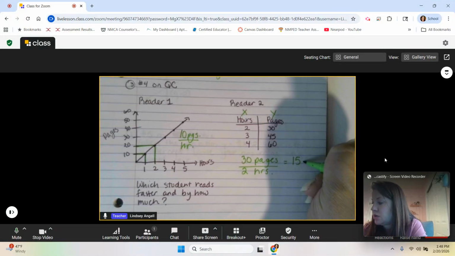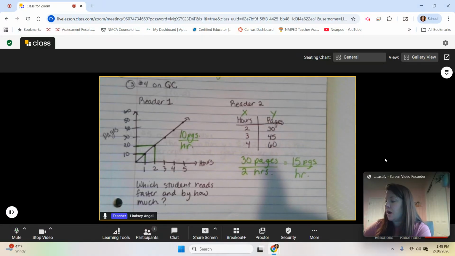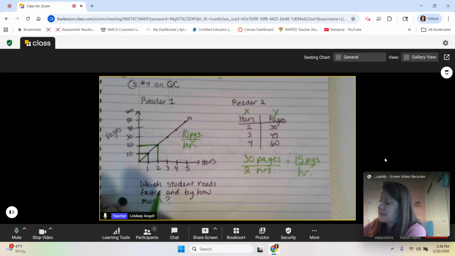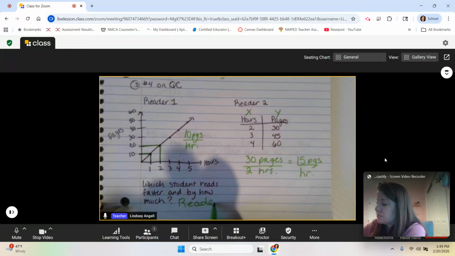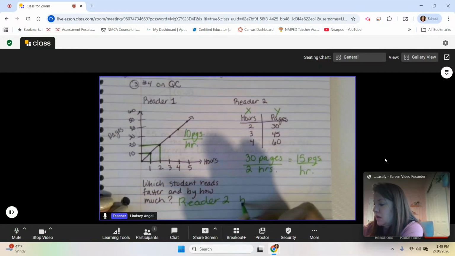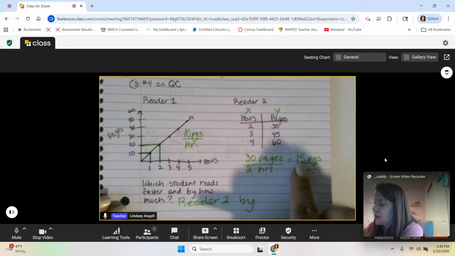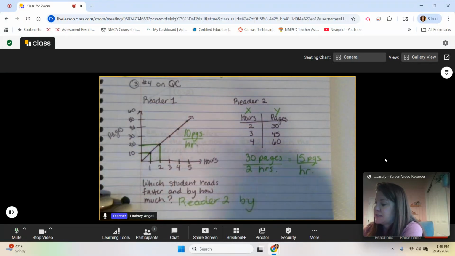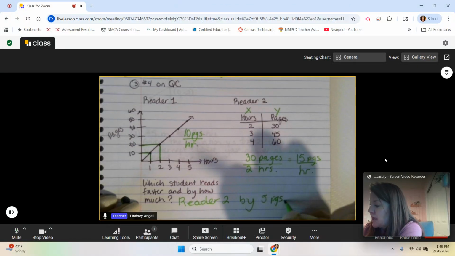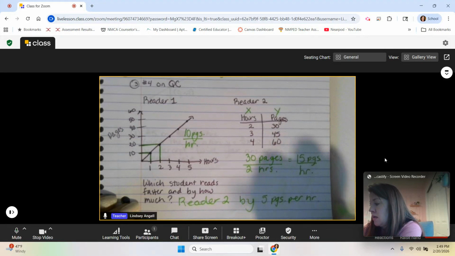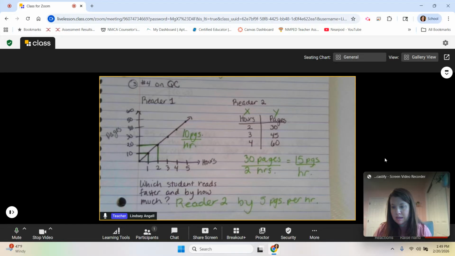So reader 2 reads 15 pages per hour. So in this case, it says, which student reads faster? Well, that's reader 2. And by how much? Well, 15 pages versus 10. So it would be by 5 pages per hour.